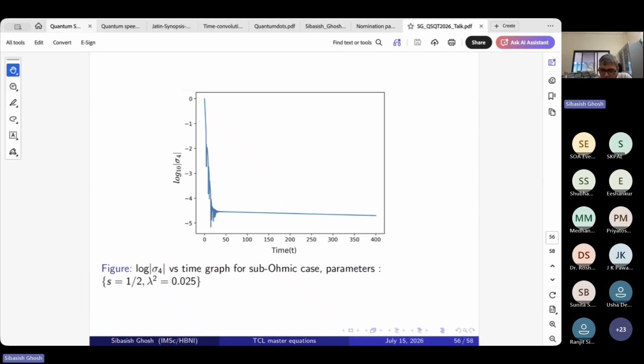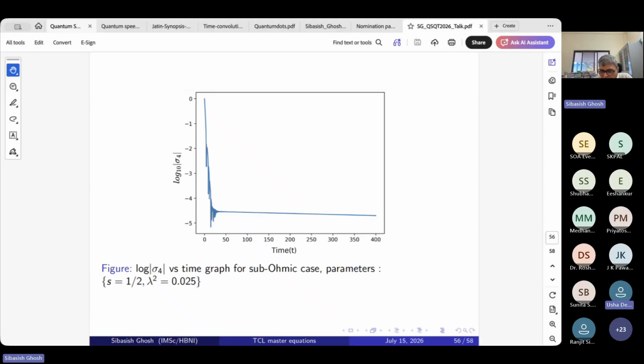I mean, it depends. Most of these dynamics, particularly when you take the weak coupling or ultra weak coupling case, the system will have a steady state. Now, the question is, does the steady state correspond to this quote unquote thermal state of the system, or does it correspond to something else?